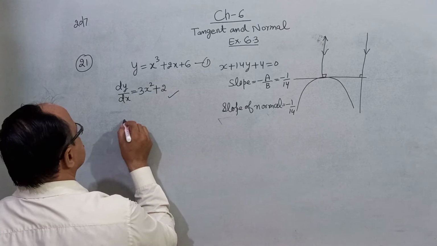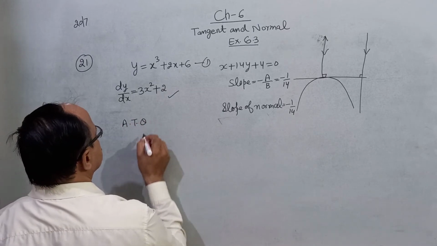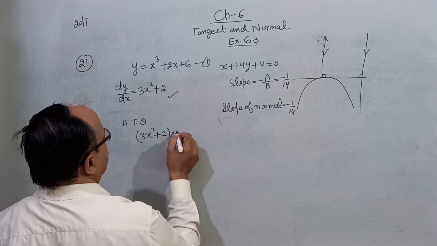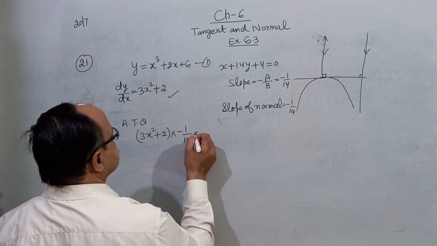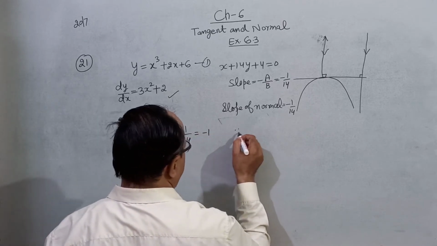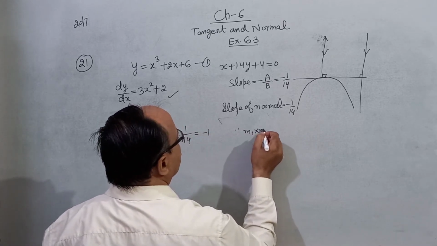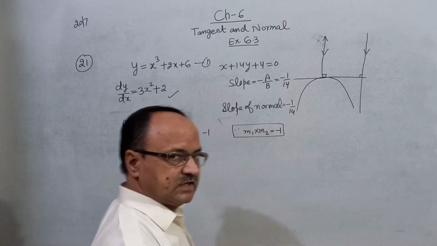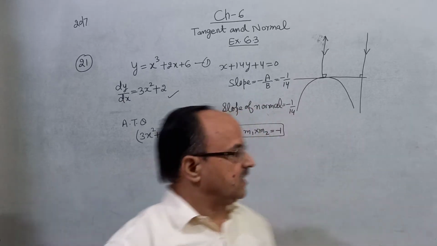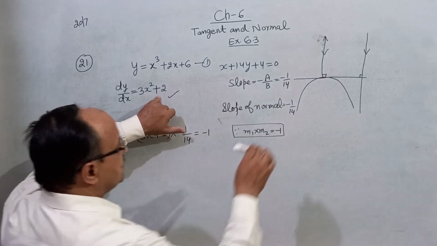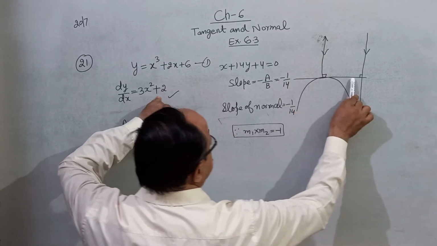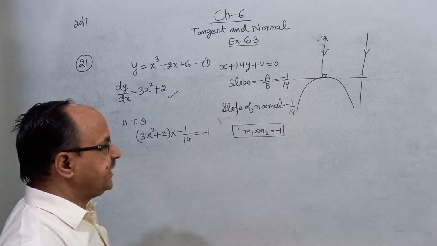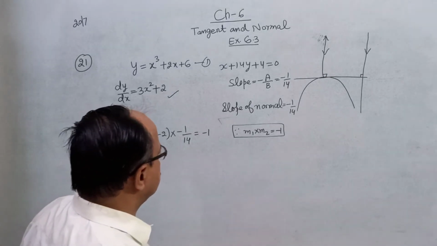Therefore, according to the situation, you can say 3x square plus 2 into minus 1 by 14 is equal to minus 1. Because formula you know, m1 m2 is equal to minus 1. Again, you know that this is the slope of this tangent, and tangent is perpendicular to the normal.